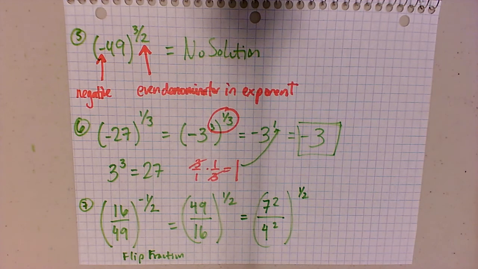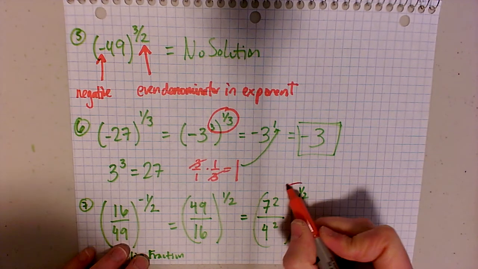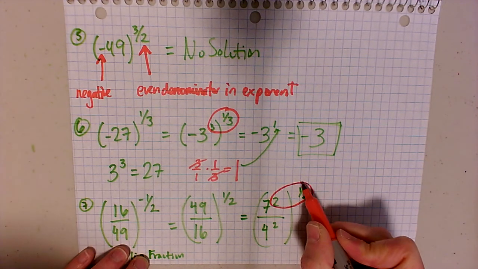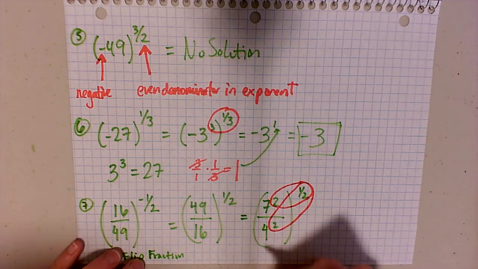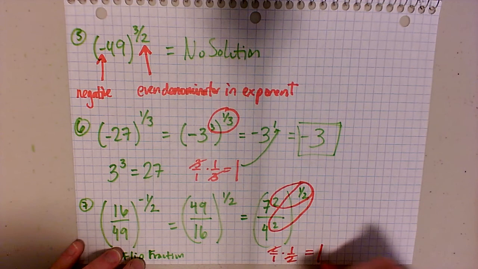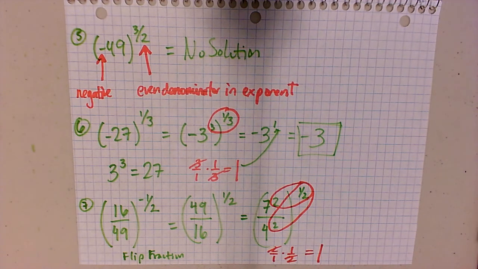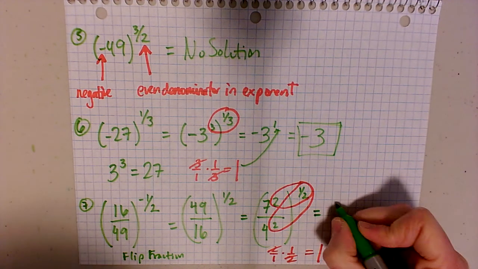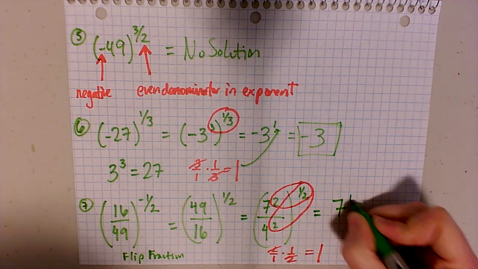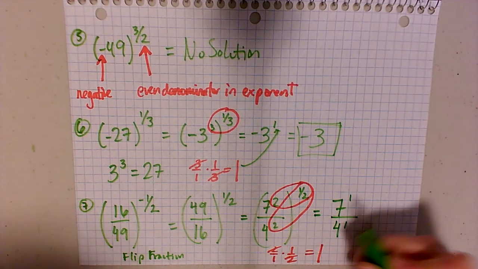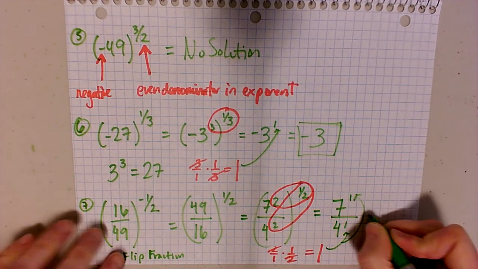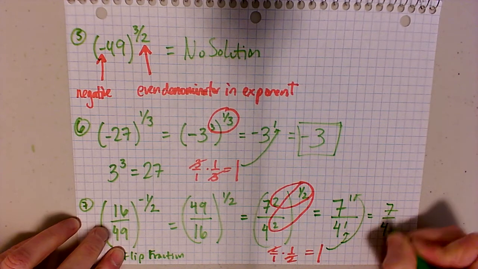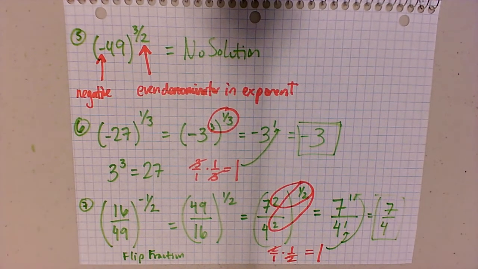And so then in both cases, you would be multiplying 2 times 1/2 and another 2 times 1/2, which gives you 1. Okay, so this 1 is your new exponent on both 7 and 4, and so your answer is just 7 over 4.